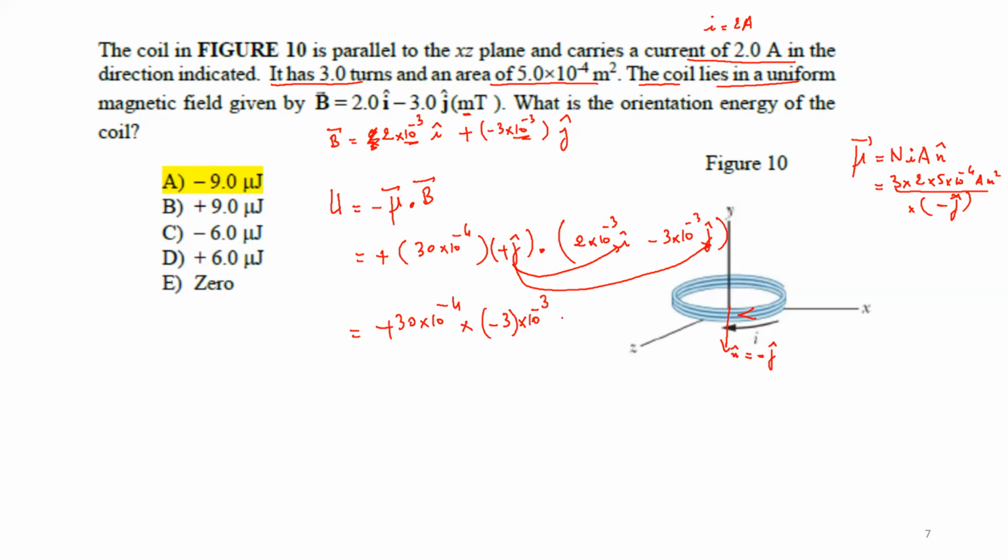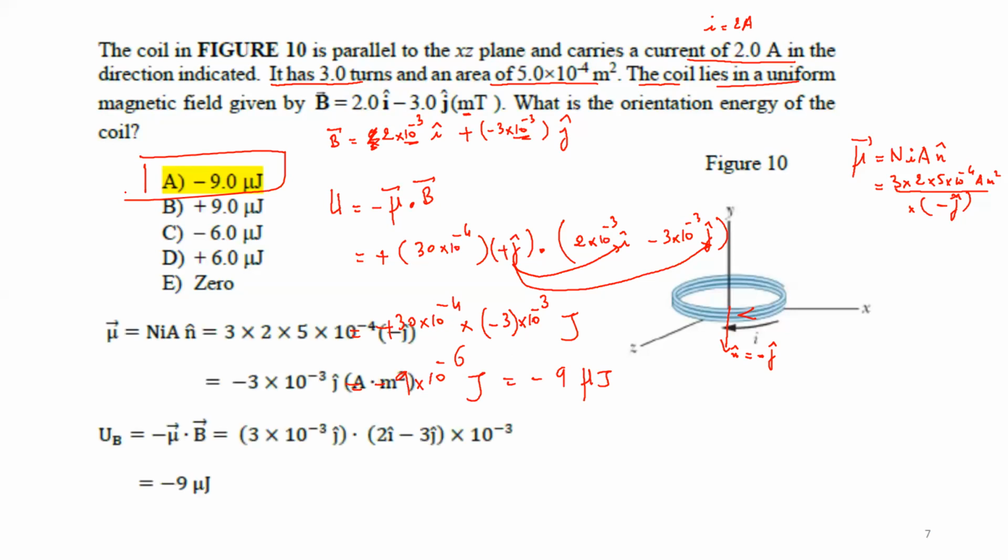And it will be in joule. So this gives me minus 9 10 to the power minus 6 joule, which is minus 9 microjoule. This is my answer, of course, and you know it.